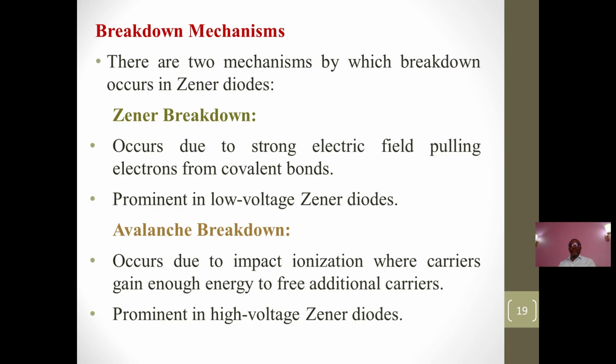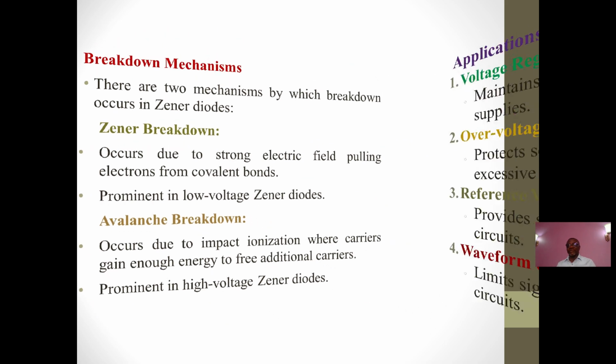We also have what is known as the avalanche breakdown, which occurs due to impact ionization, where carriers gain enough energy to free additional carriers, and is prominent at high voltage.